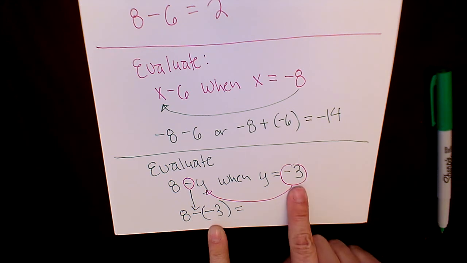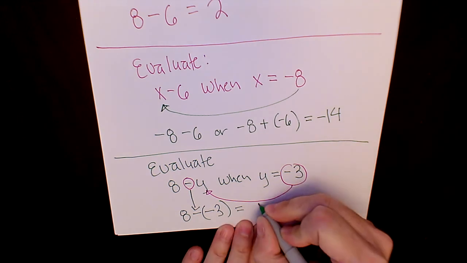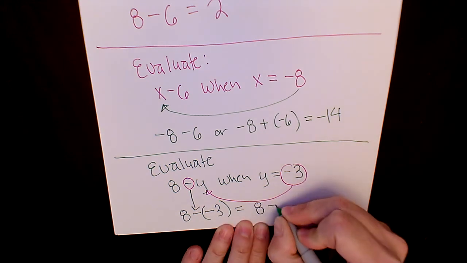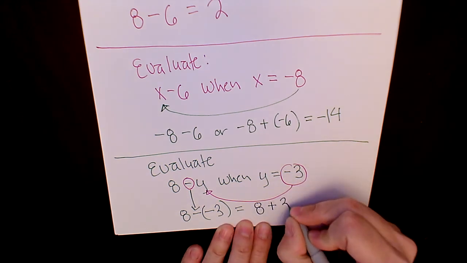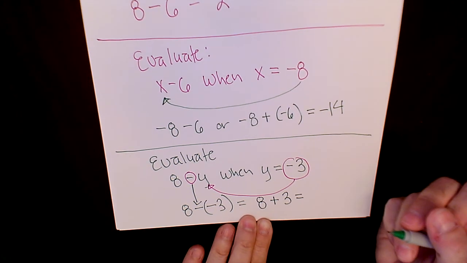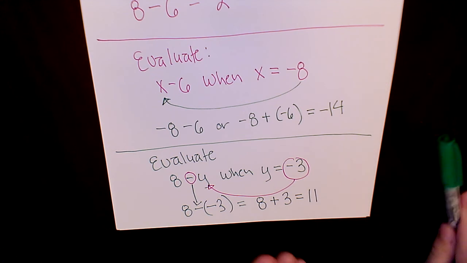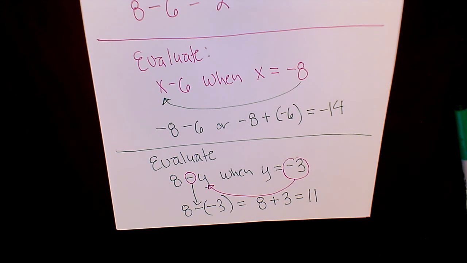It's negative 3. So I've got 8 minus a minus 3. I've got a double negative, which means the two negatives together make it positive. So it's 8 plus 3, which is positive 11. How was that?